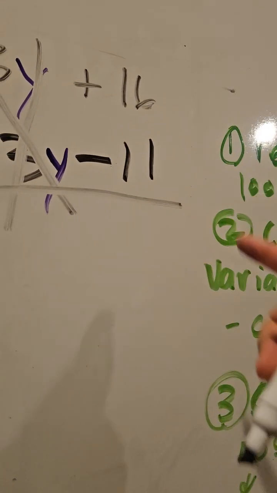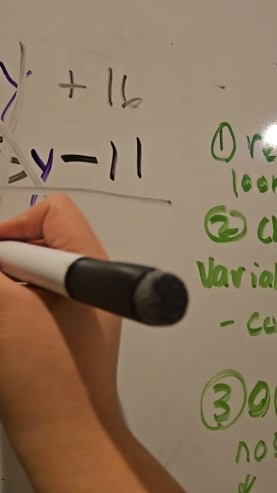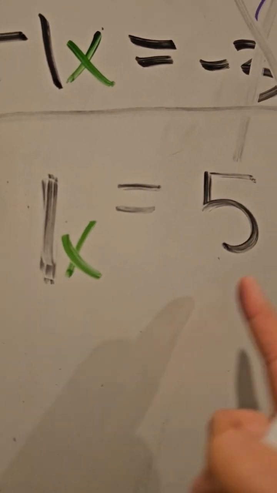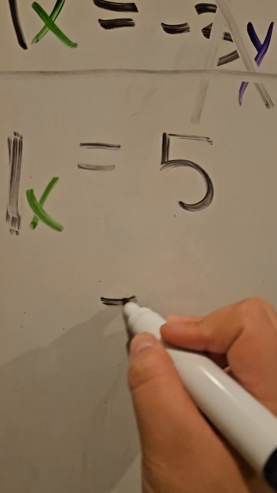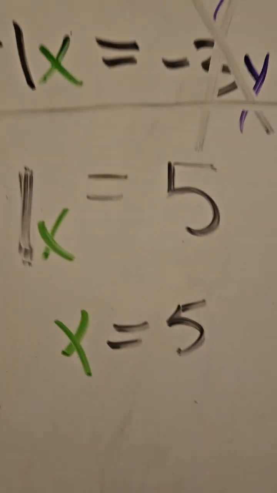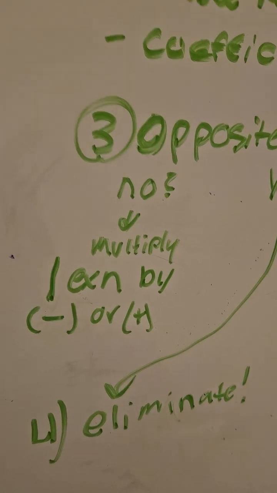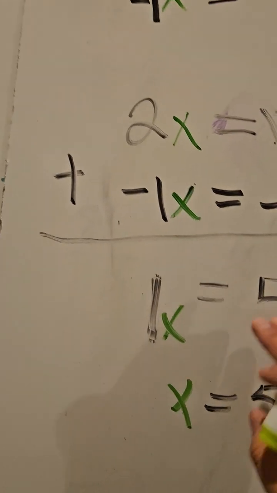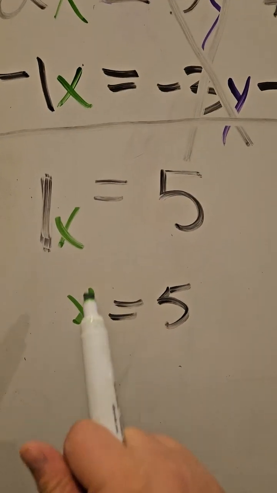And then 16 minus 11 would be +5. And then what do you multiply 1 to get 5? 5, so it would equal 5. Okay, so we've simplified these two equations into this one, and we've solved for x.